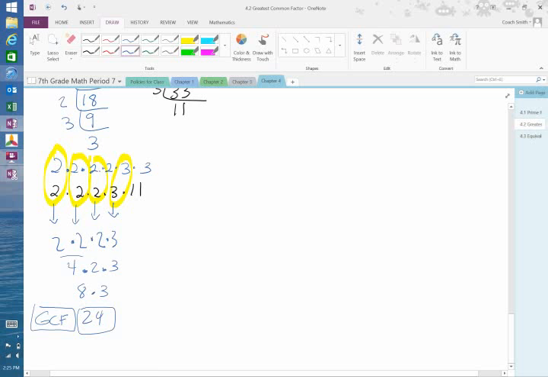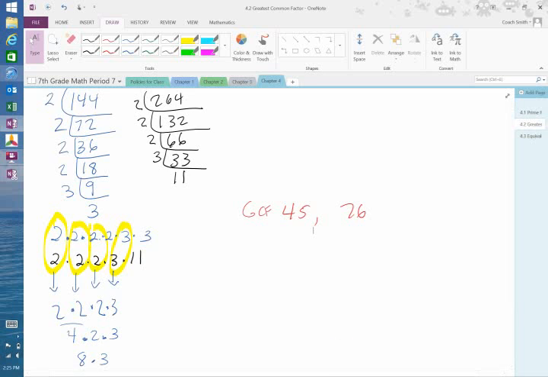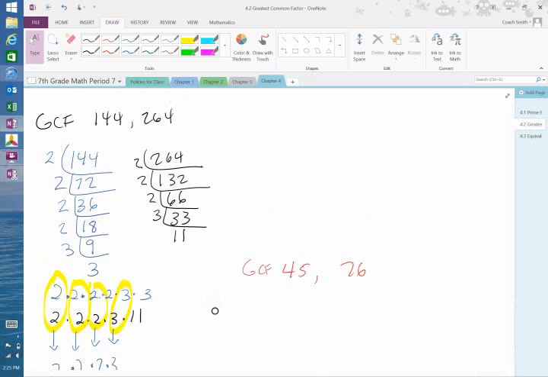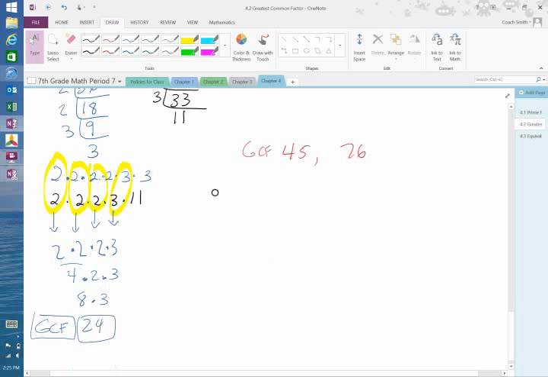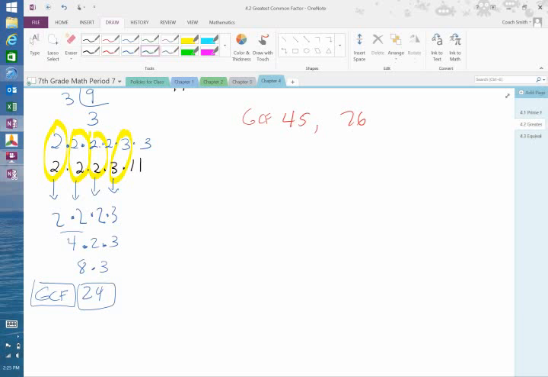Now, let's look at what happens when you get this scenario. 45 and 76. I want to know the GCF of 45 and 76. Prime factor both of them. 45, 5, 9, 3, and 3.